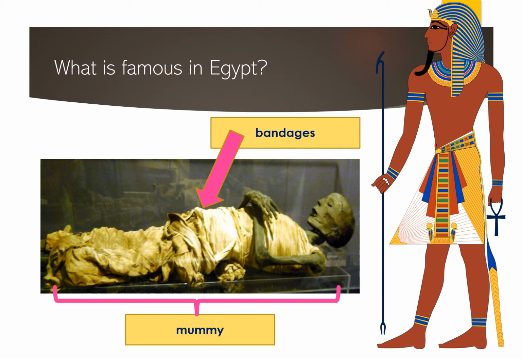That is how they take care of the dead body of the king or queen. We call the king or queen of Egypt many years ago a Pharaoh. If you look at the man standing there, that is the god of the Egyptian kingdom.